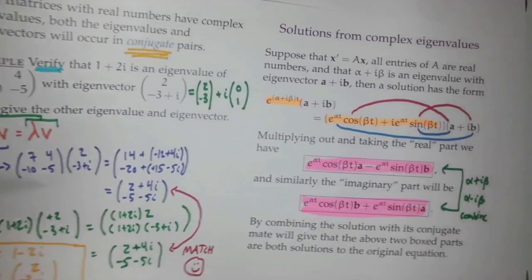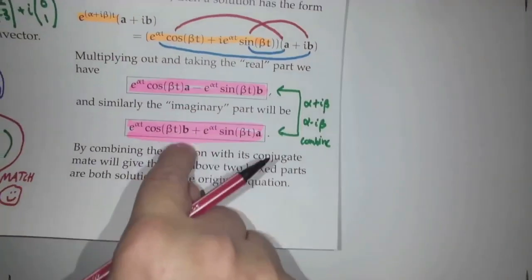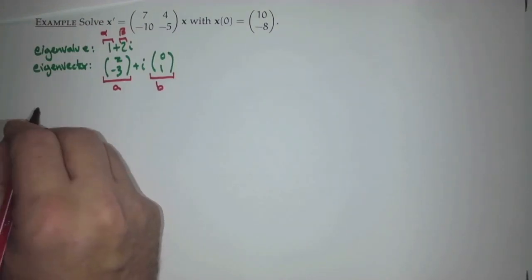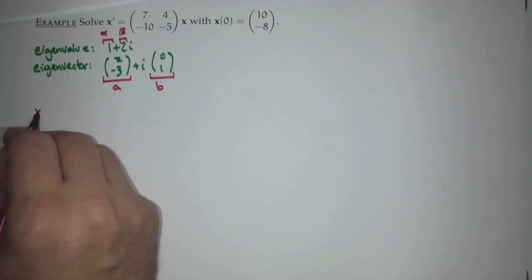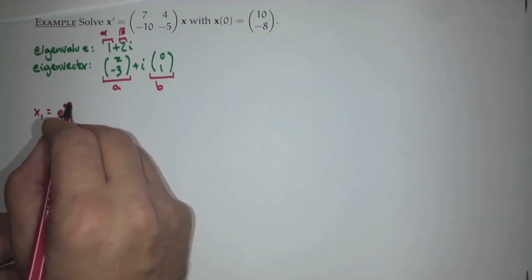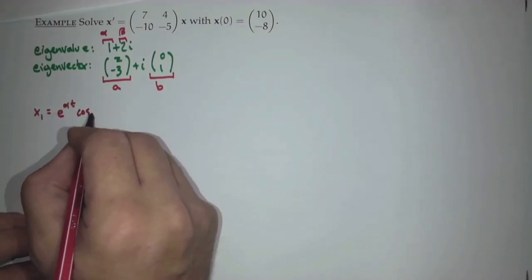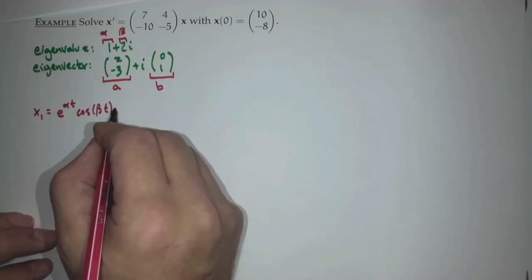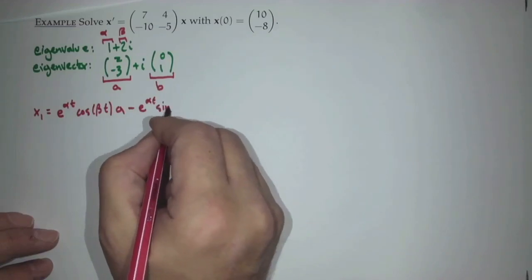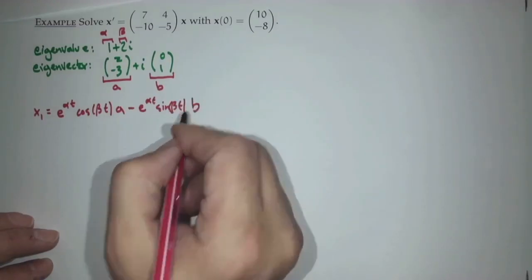So what I'm going to do here is I'm just going to copy this down. And so we could say one solution, I'll call it x1, is of the form e to the alpha t cosine beta t times a minus e to the alpha t sine of beta t times b.